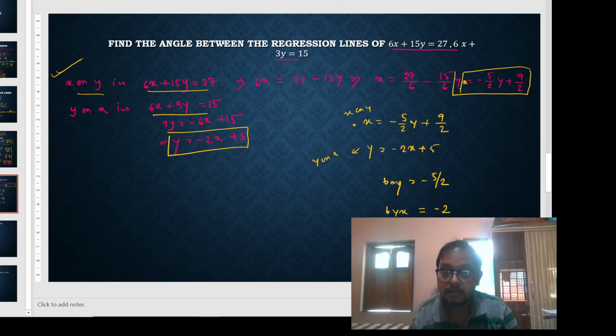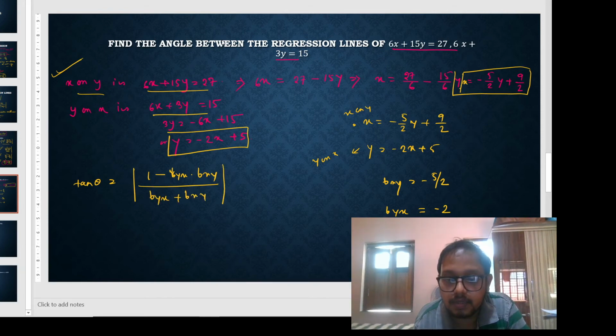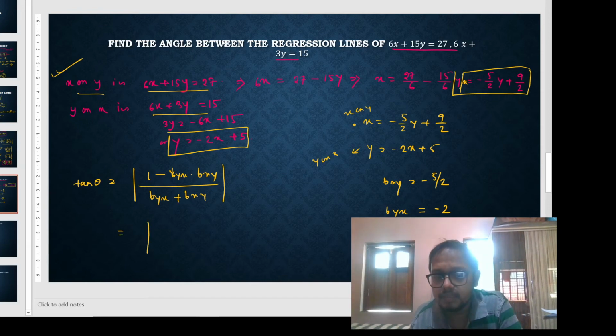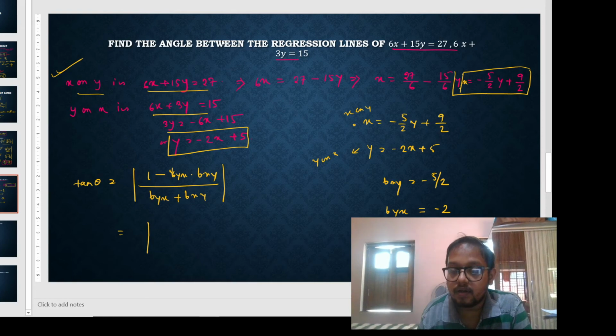Now we have to find the angle, and we know that tan theta is equal to (1 minus r square), that is 1 minus byx into bxy, divided by (byx plus bxy). Just put the values here and we will get the angle. Here we have to take the modulus sign, so we always get the positive sign.